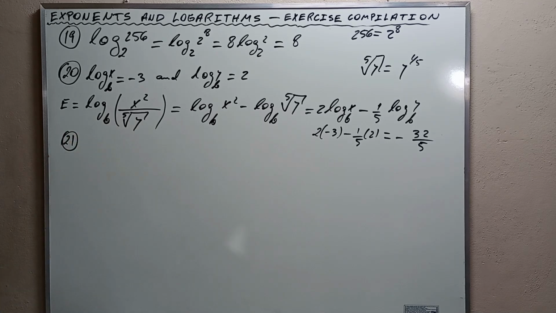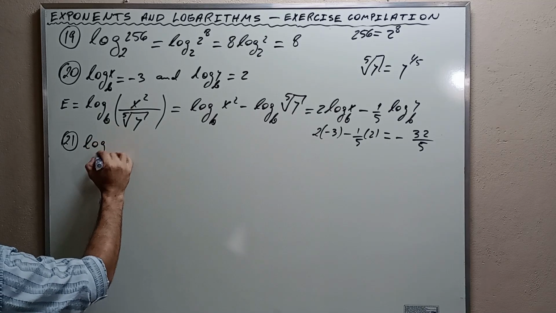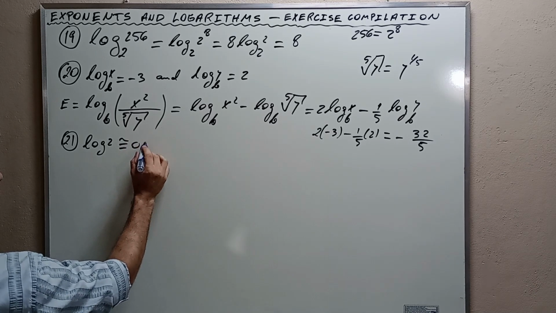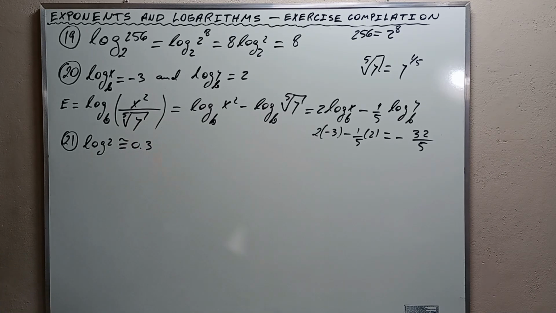Exercise 21 says that if the logarithm of 2 is approximately equal to 0.3 — observe, I didn't mention it, but I am going to mention it now.